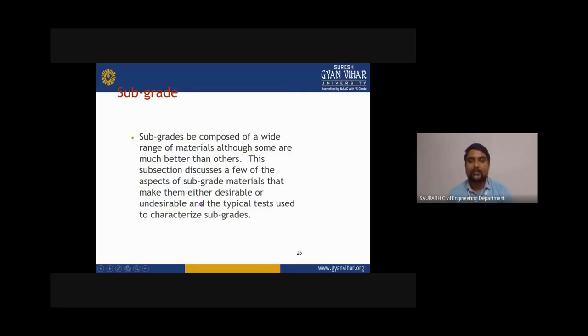Now we will see the subgrade. This is the lowest part of the rigid pavement and flexible pavement. Subgrade can be composed of a wide range of materials.